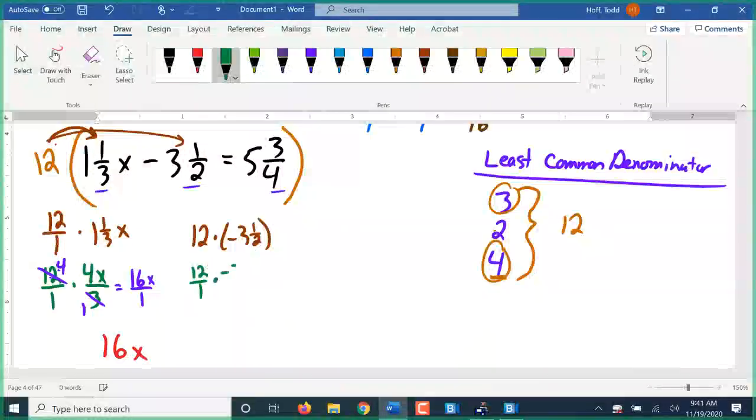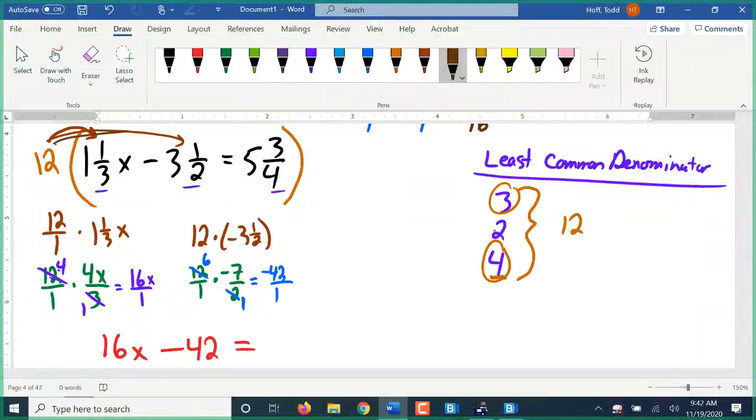So we're going to put the negative with the 7, negative 7 over 2. 12 and 2 cross cancel. They both divide by 2. 2 divided by 2 is 1. 12 divided by 2 is 6. So 6 times negative 7 is a negative 42. 1 times 1 is 1. That's just going to be a negative 42 equals.